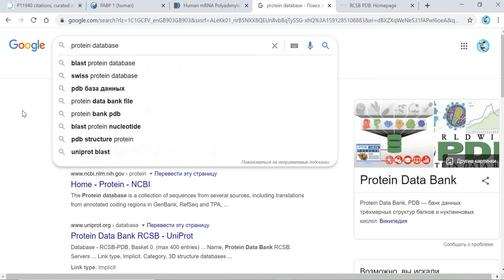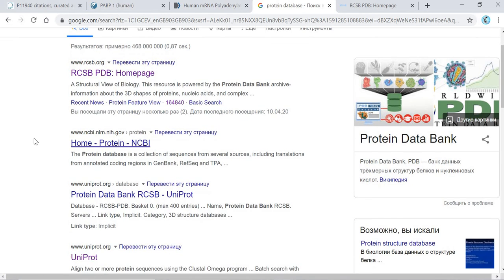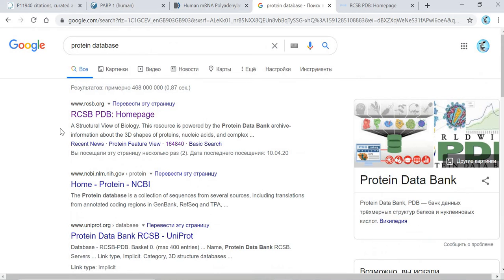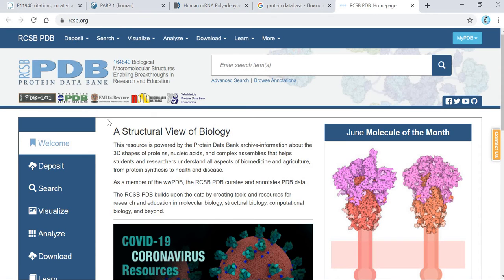If you even enter PDB, it's going to show you this because most of the 3D shapes of proteins can be downloaded here, and also you can see here the NCBI database that we have seen before, and after this we're going to see the UniProt database. So let's move on with the Protein Data Bank.